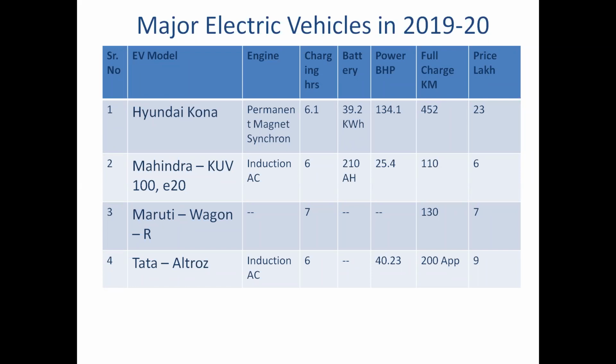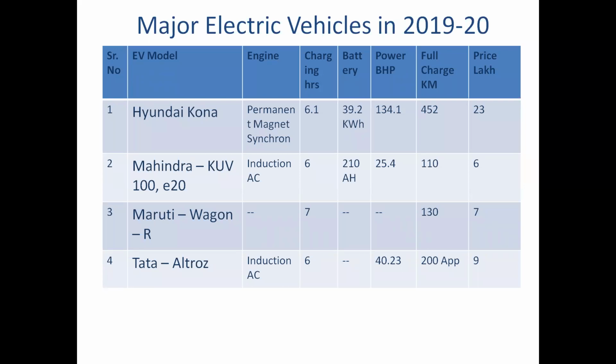As far as power is concerned, you can find different brake powers here: 134 for the Kona, 25 for the Mahindra KUV, and 40 for the Tata Altroz. That means it depends upon the power. Obviously, the full speed and the kilometers are also directly related.